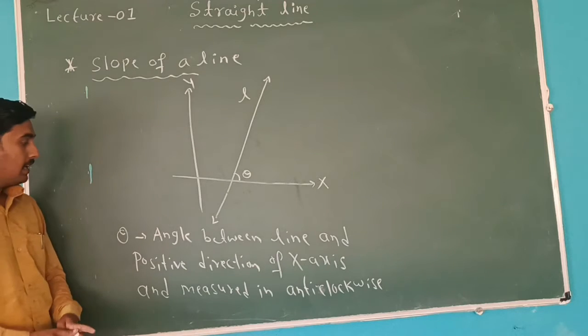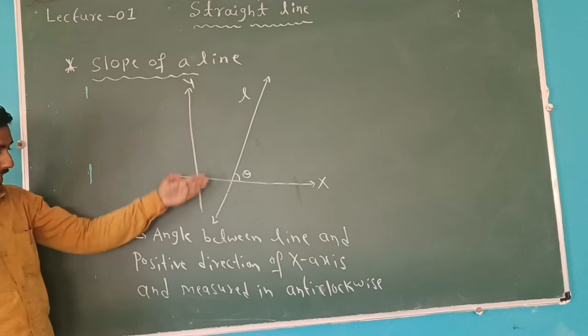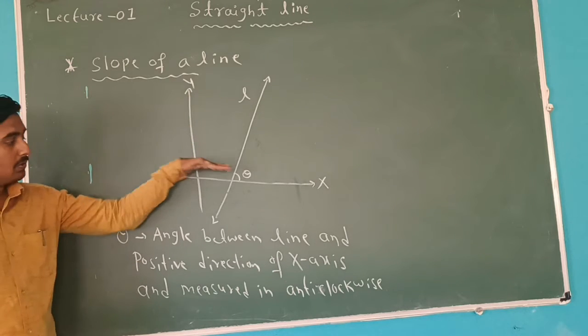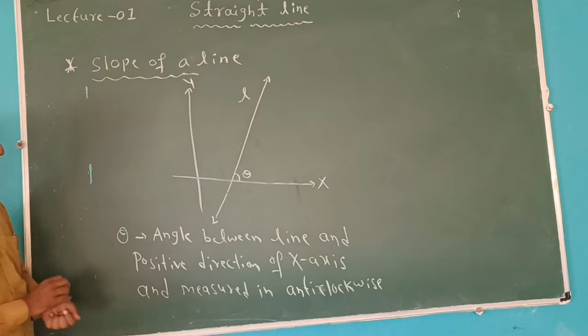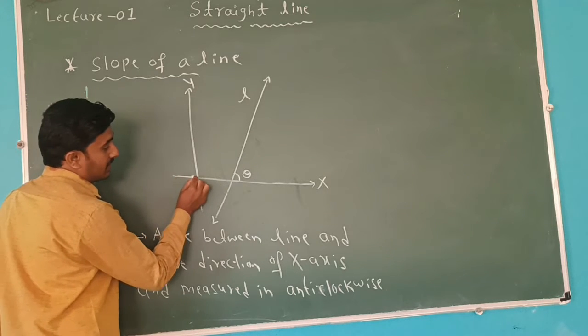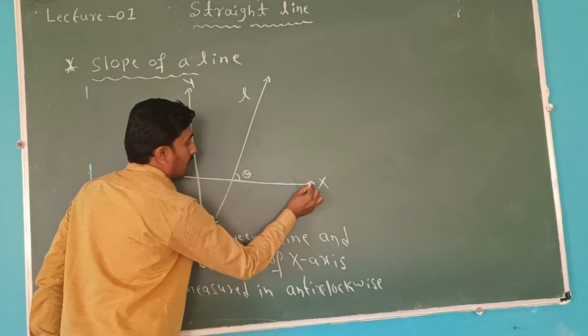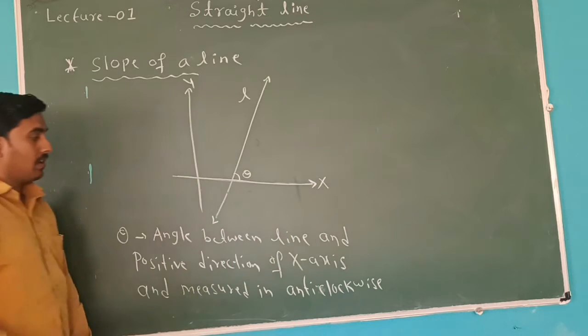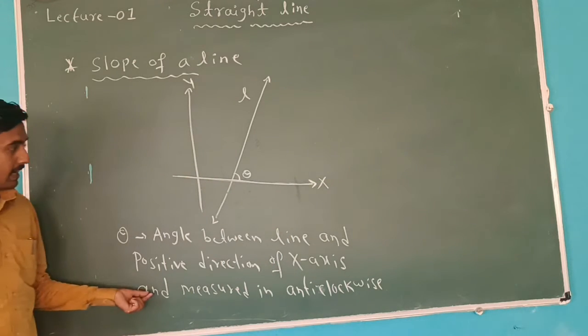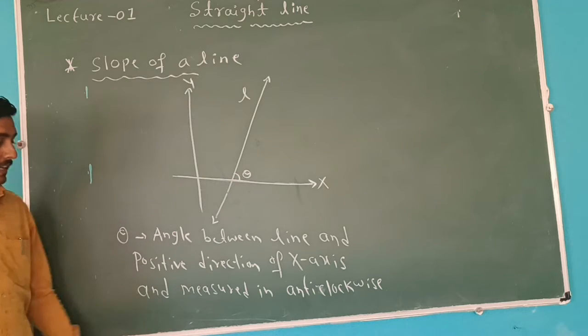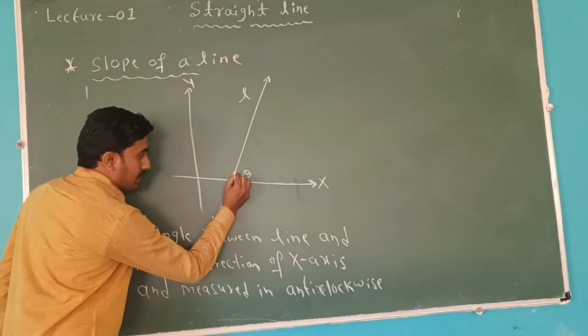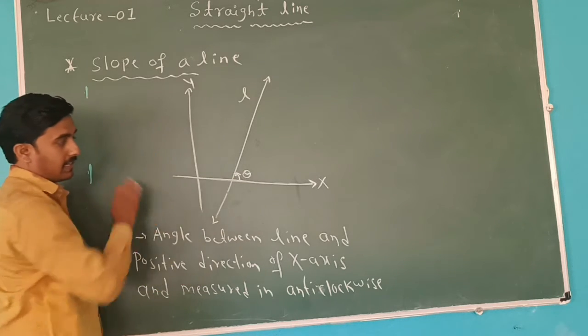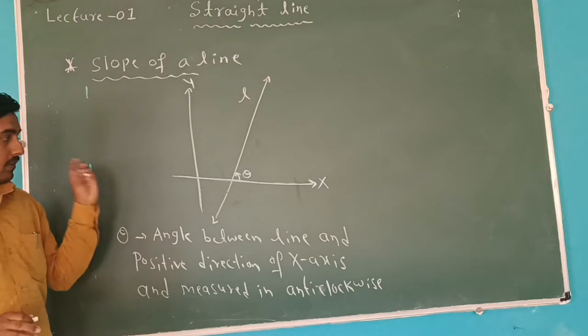What is the positive direction of the x-axis? This is the positive direction of the x-axis. This theta is measured in the anti-clockwise direction, opposite to the clockwise.